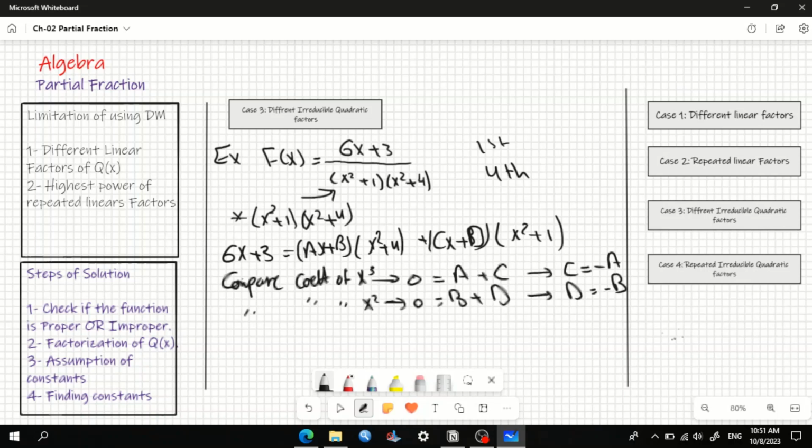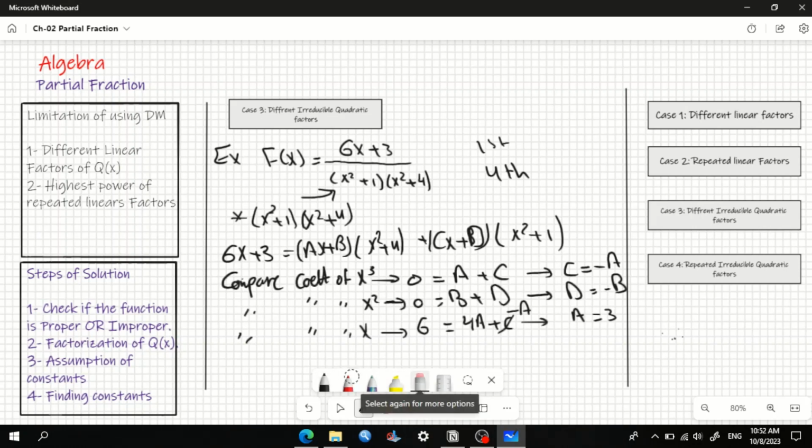Just continue. For x we have 4a plus c. If I replace c by negative a, a here will be equal to 6 by 3.